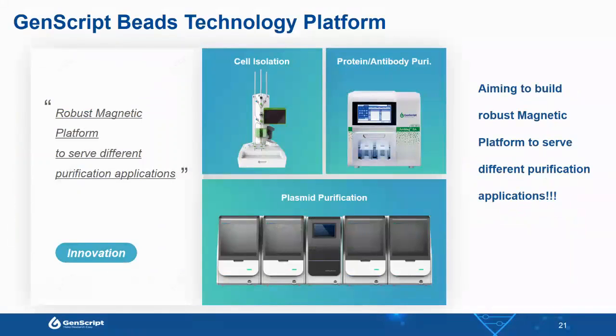Moreover, we at GenScript are aiming to build a robust magnetic platform to serve different types of purification, and becoming the leading supplier of key reagents and instruments in the CGT industry is definitely our goal. We would love to partner with healthcare companies to cure diseases and benefit all of humankind.